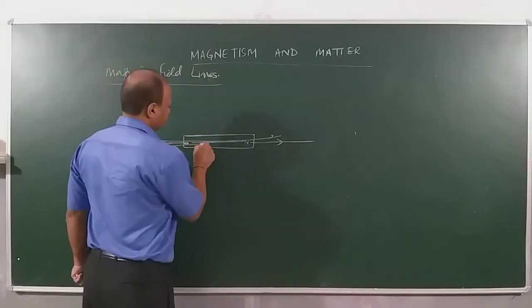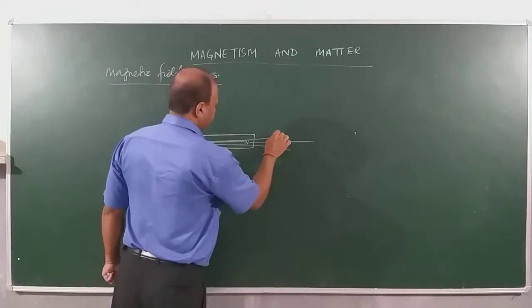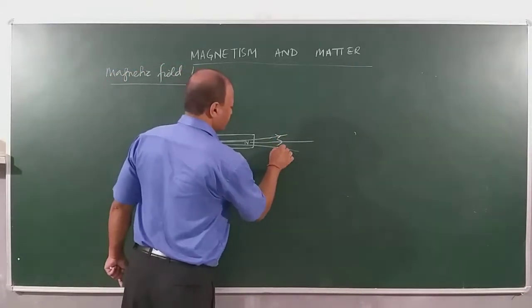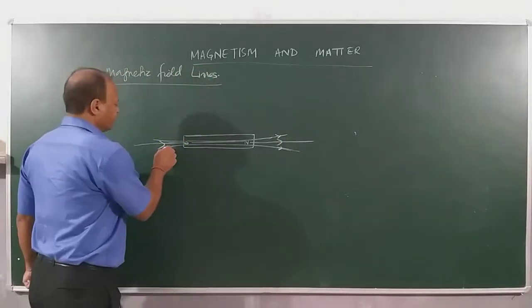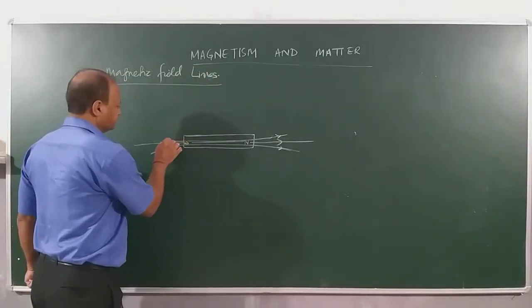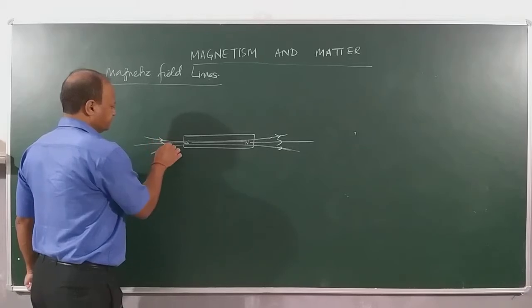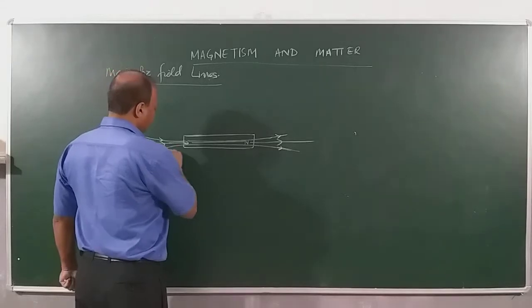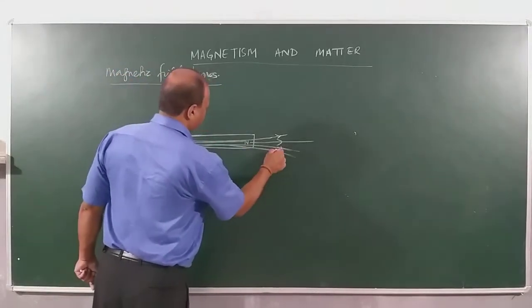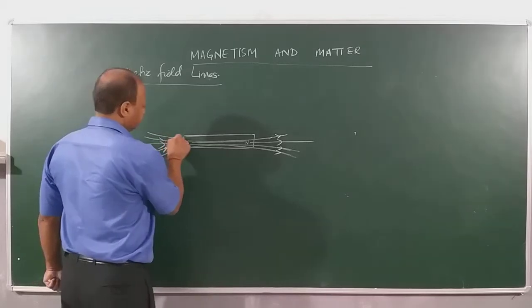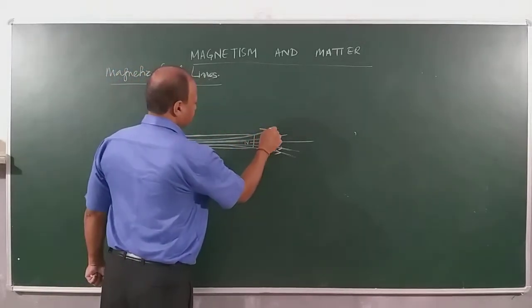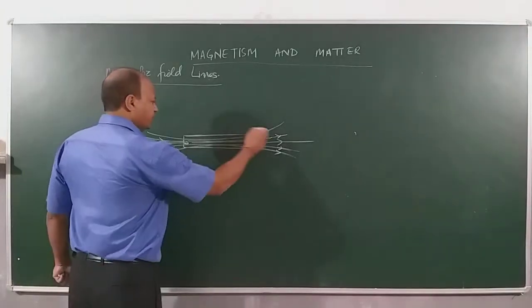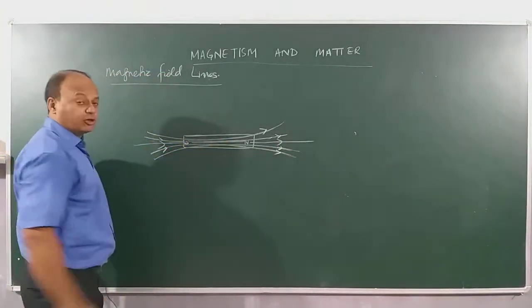Now, this is another field line. Clear? These lines are more or less straight, and the bending starts when you move away from the two ends, like this. Clear? Now, we go slightly more away, then we see the line is even more curved, something like this. Now, if we go on the side lines, actually these will form closed loops, but they will be big loops.